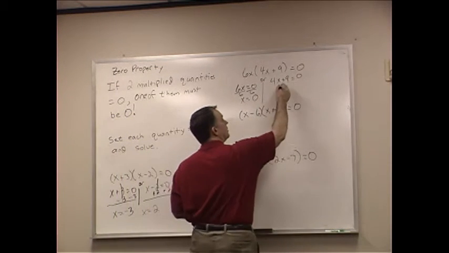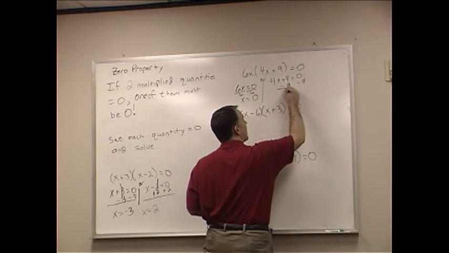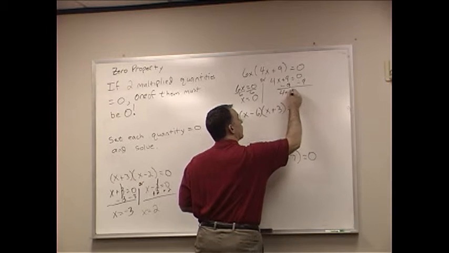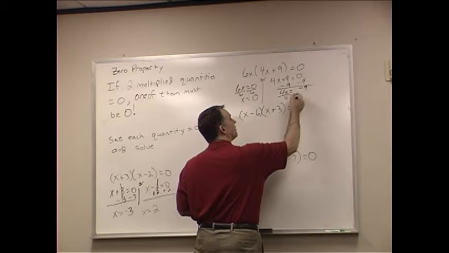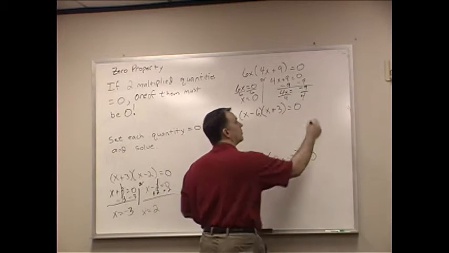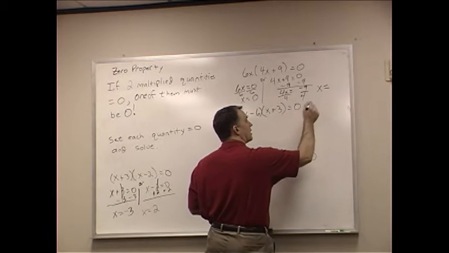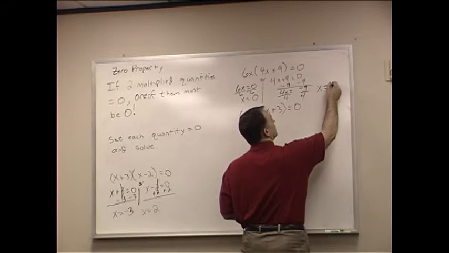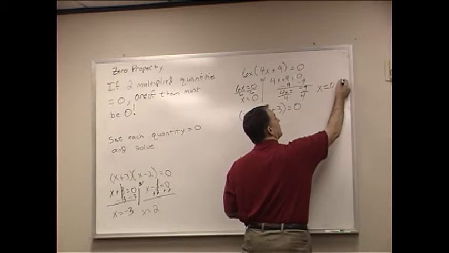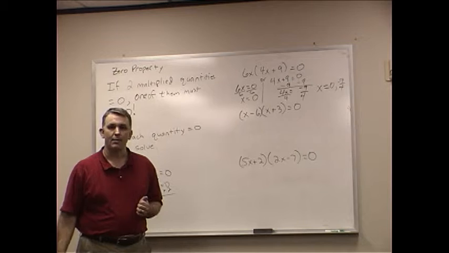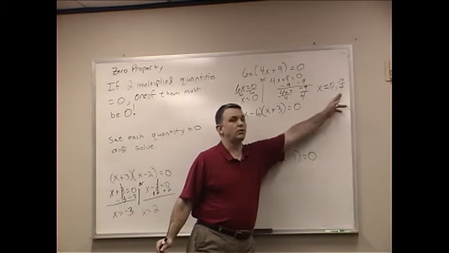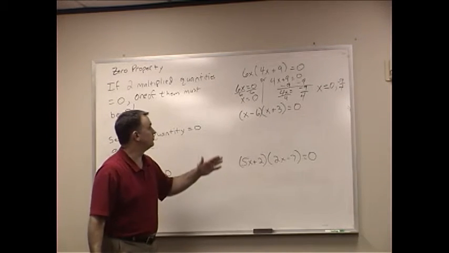The second one, minus 9, 4x equals negative 9. Divide by 4. I'm going to write this off to the side here since I ran out of space. x equals 0 and negative 9/4. So I just put a little comma there, and that's what they expect you to do in your textbook also.